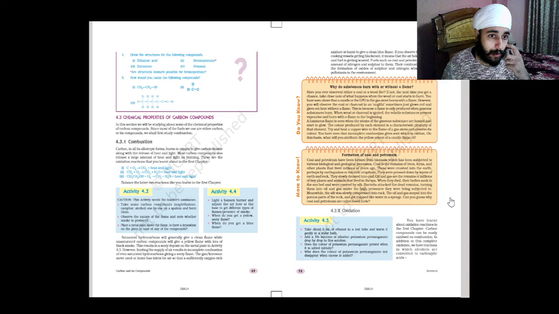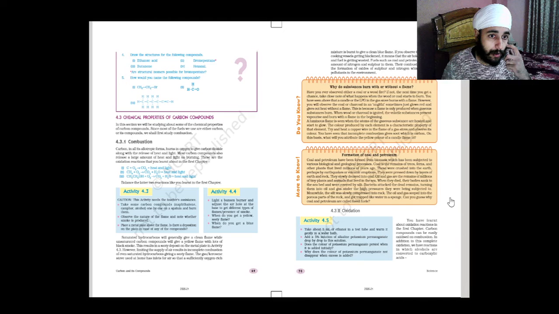Right. Now when you use the Bunsen burner, you adjust the air hole at the base to get different types of flames, in the presence of smoke.